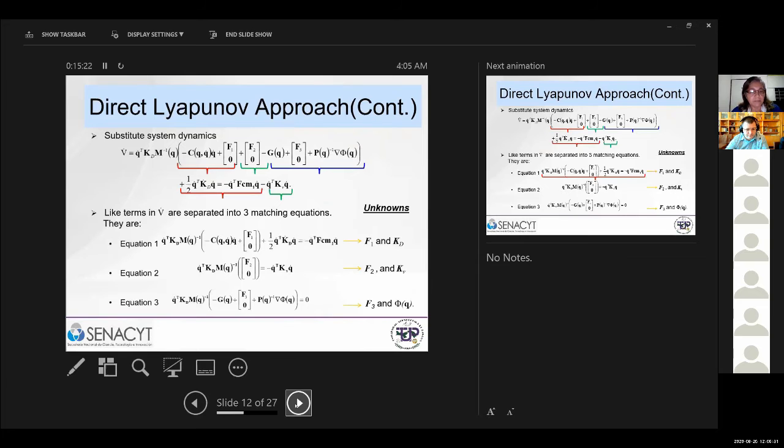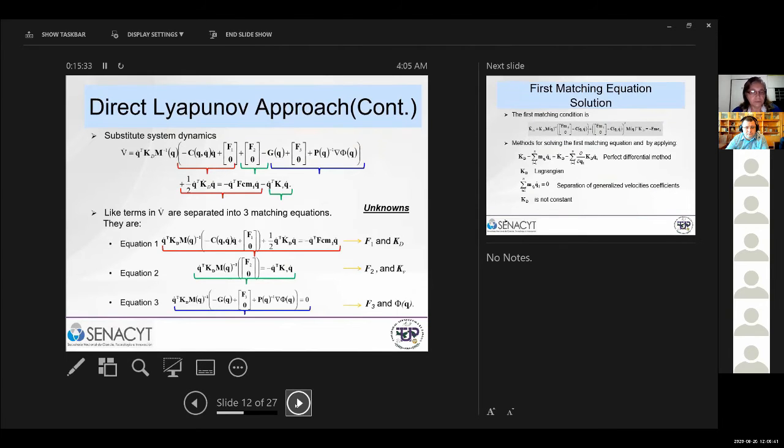Like terms in B are separated in three matching equations, obtaining in that way the first, the second, and the third matching equations.